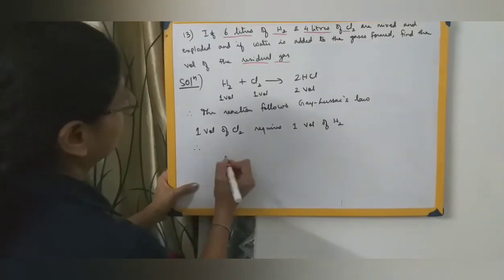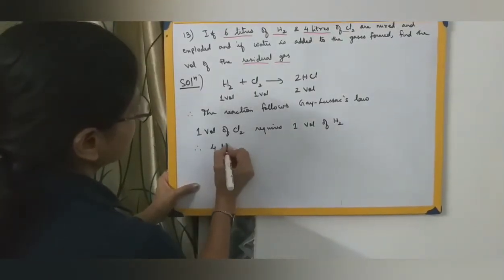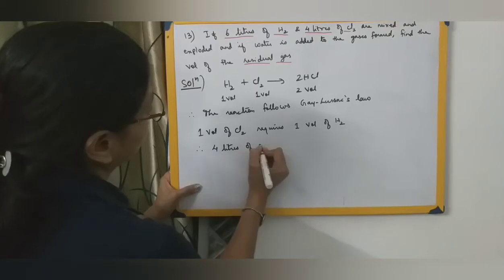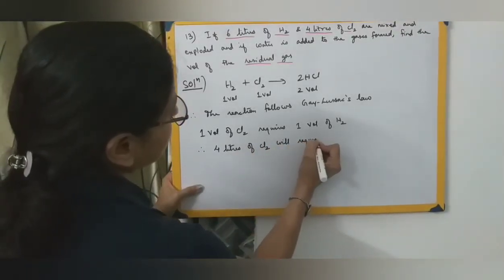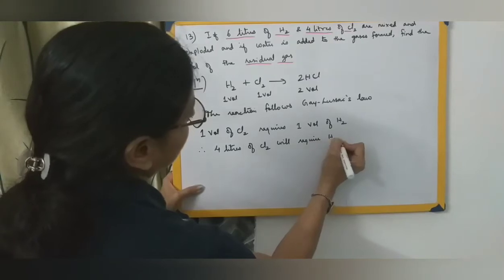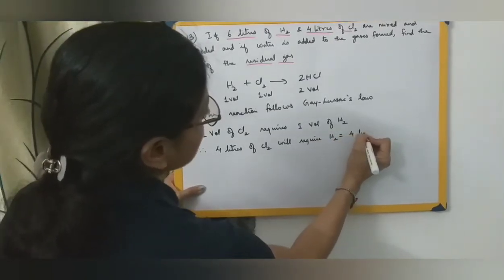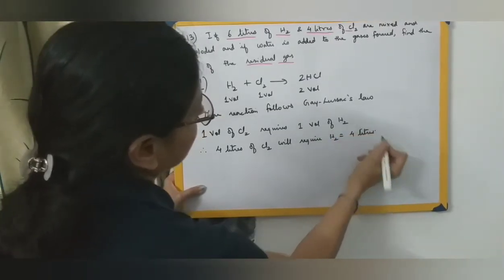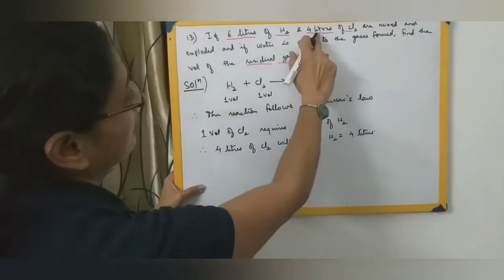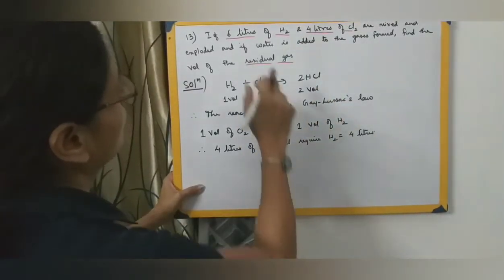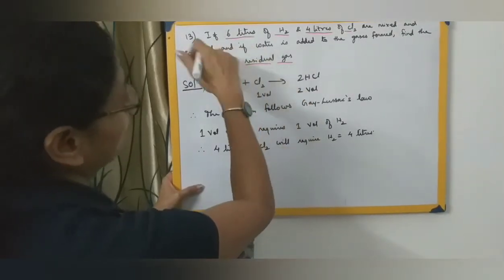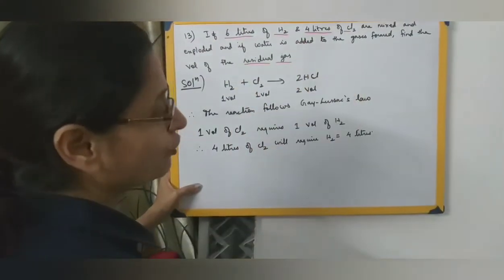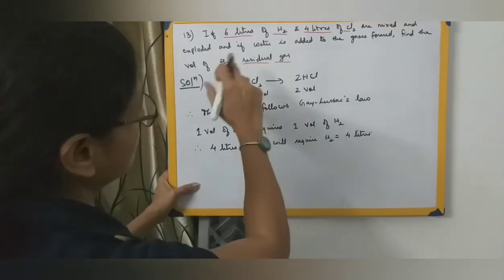Therefore 4 liters of chlorine will require 4 liters of hydrogen. I hope you got why we started with chlorine, because always one is in more and one is in less. Only the one which is in more has the chance that something is left behind.